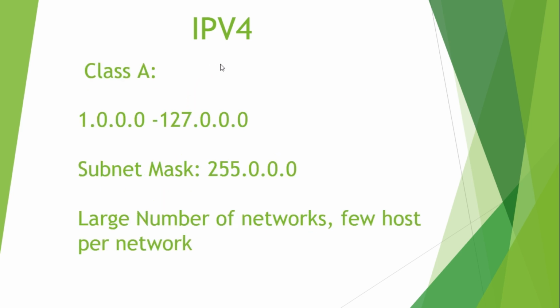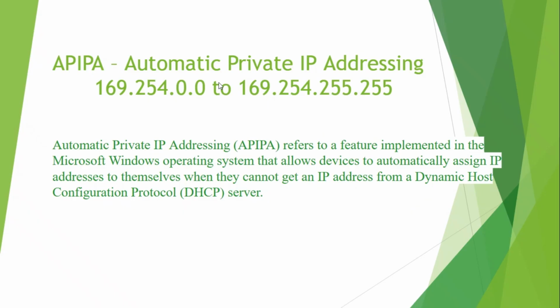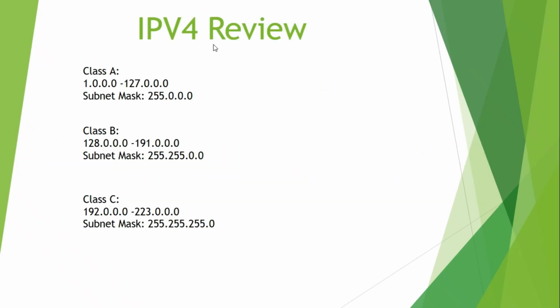IP version 4, I want to show you this slide first. I'm going to show you the review first because it kind of paints the picture. You have class A, class B, and class C. You definitely need to know these. What determines the class is the first octet. Anything between 1 through 127 is class A. This is on the first octet.